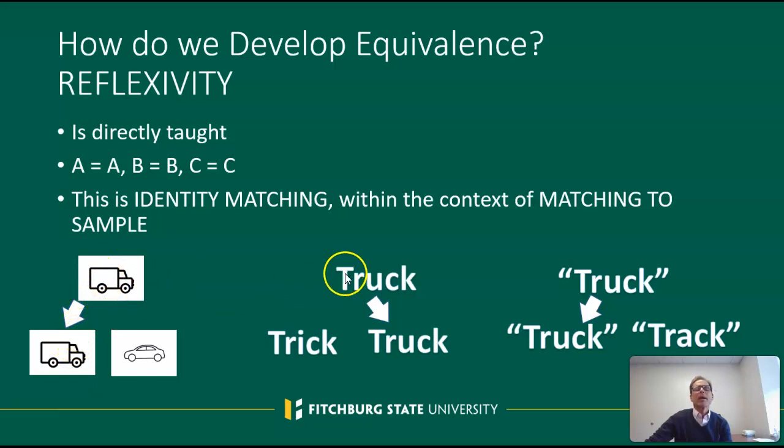Here we have the written word truck, and we directly teach the written word truck to the written word truck, so B equals B. Over here we've got the spoken word truck, which we directly teach matching to the spoken word truck, which is C equals C. So again, we're directly teaching this identity matching. Basically, A equals A, B equals B, C equals C.